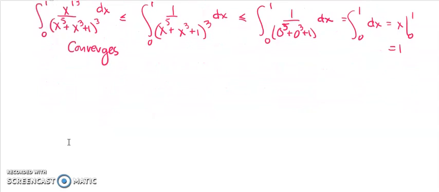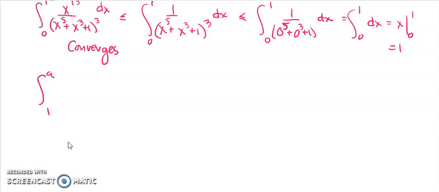For the second piece, I'm going to look at the integral from 1 to infinity of x to the 13th over (x to the 5th plus x cubed plus 1) cubed dx, and use the same idea. I'm going to try to bound it. Now I'm really going to focus on the bottom.